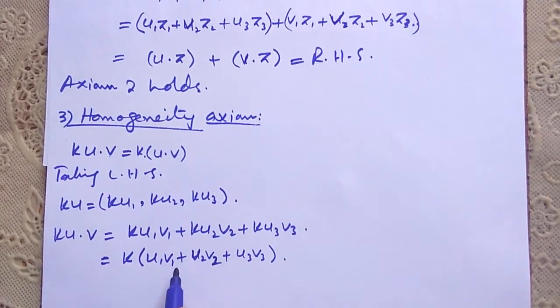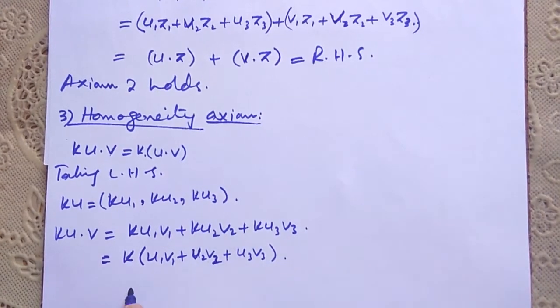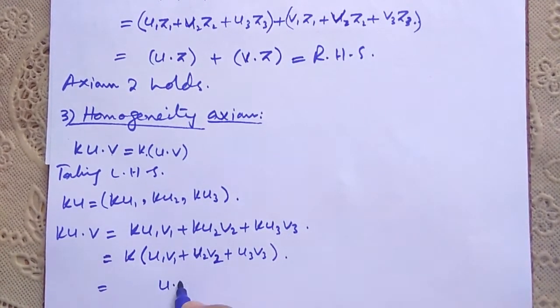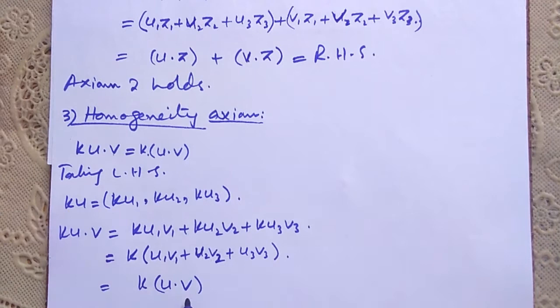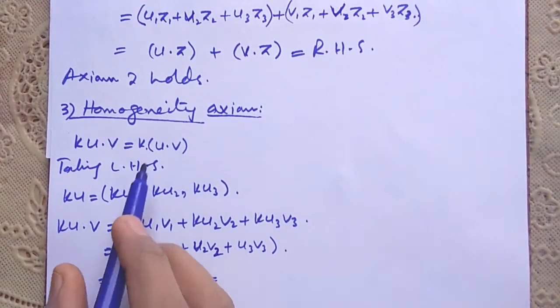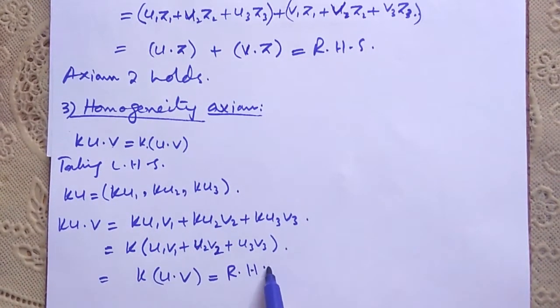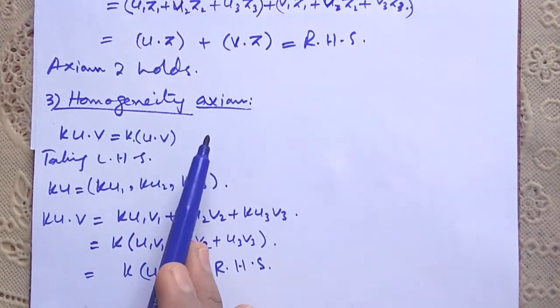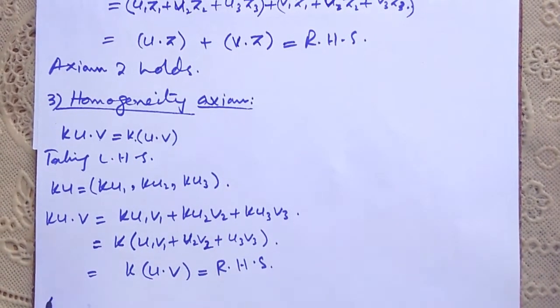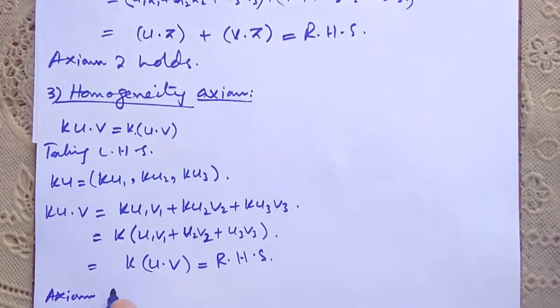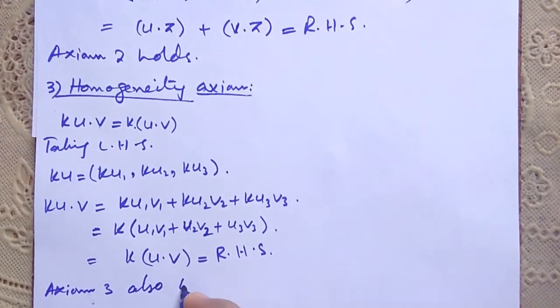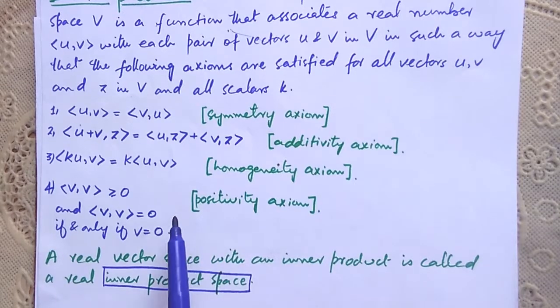So you know u1 v1 plus u2 v2 plus u3 v3 is equal to u dot v, means k times u dot v, and it is equal to right hand side. So it means homogeneity axiom for dot product also holds. Axiom 3 also holds.